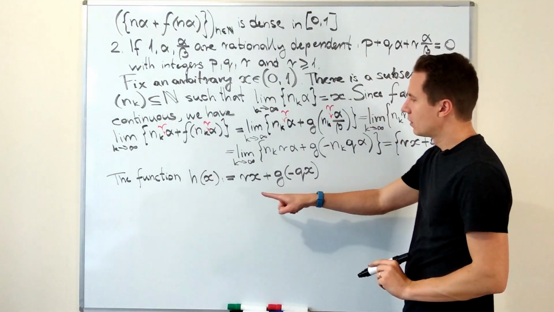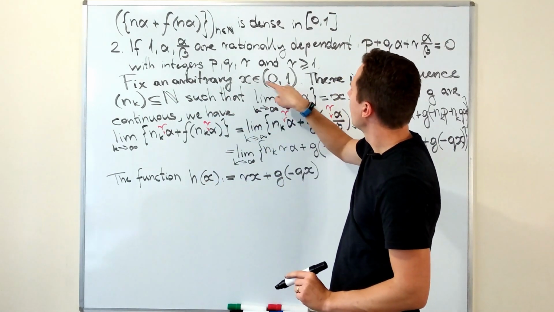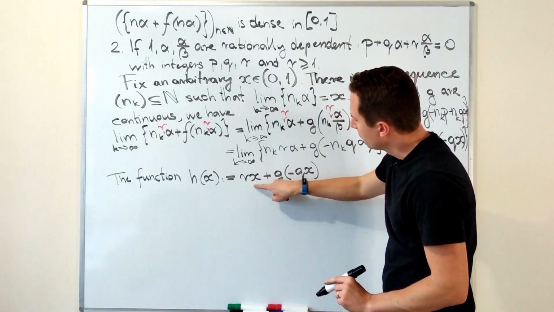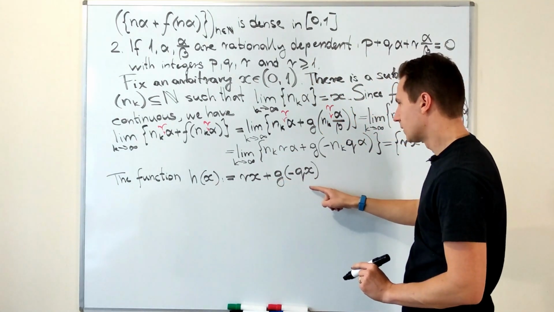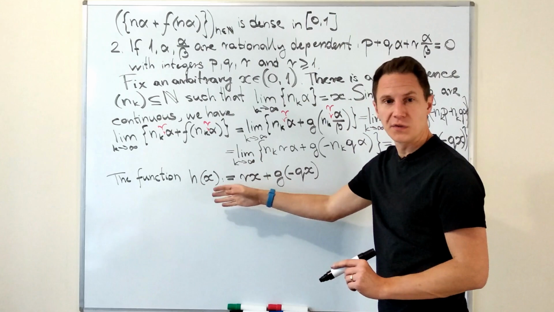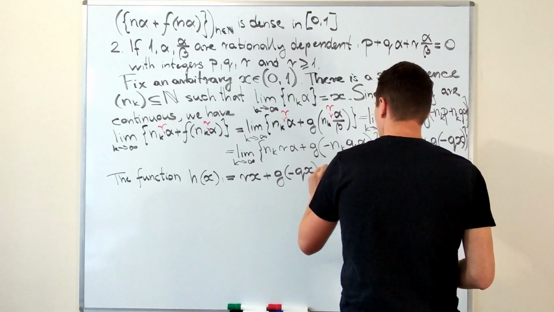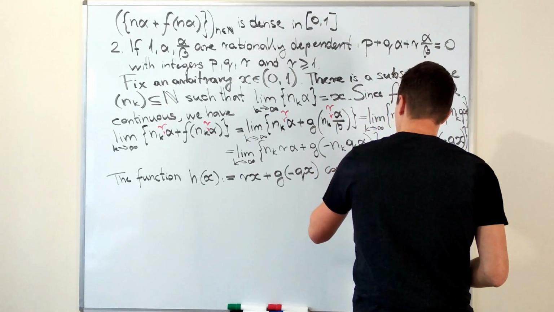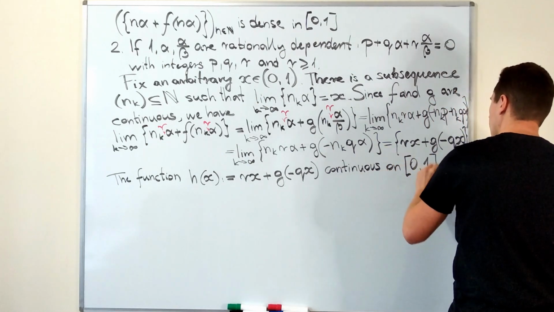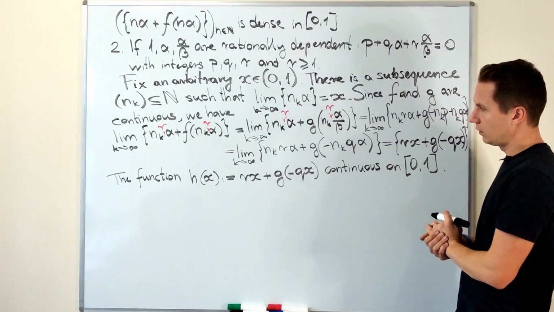This function takes x, which was an arbitrarily chosen number between 0 and 1, and spits out r times x plus g of minus q times x. Since g was continuous, this function will still be continuous, and it can be extended to the closed unit interval 0 to 1.